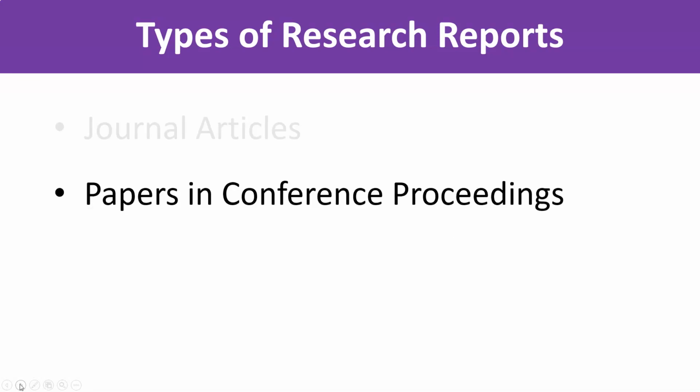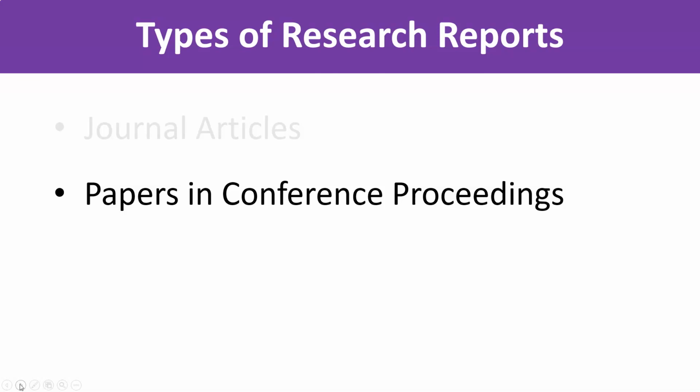Another type of research report is papers we publish in conference proceedings. For these, you also submit to conference organizers. They subject the paper to peer review, and after that, they return it to you for corrections. You make your corrections, send it to them, and they get it published in the conference proceedings.